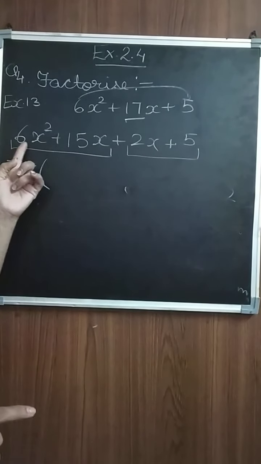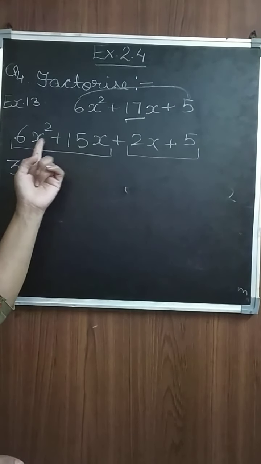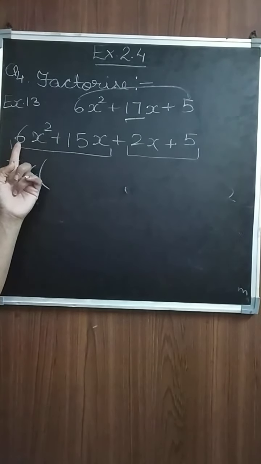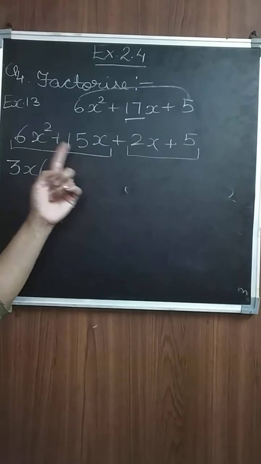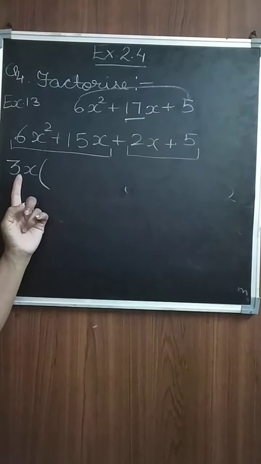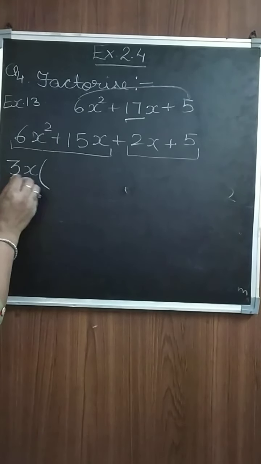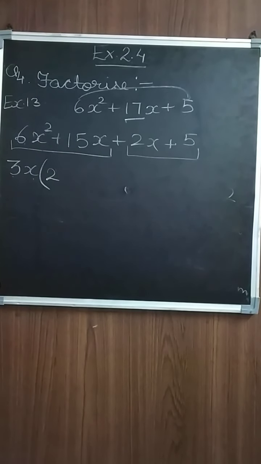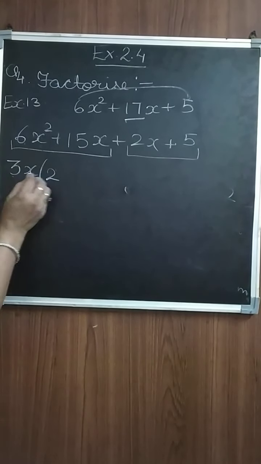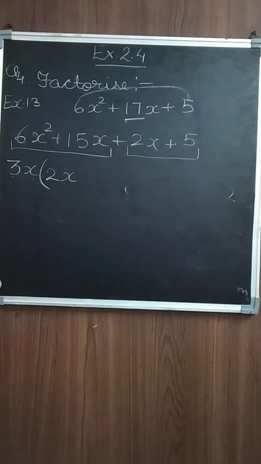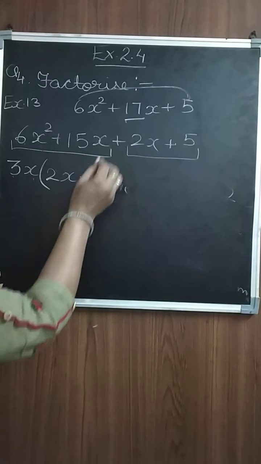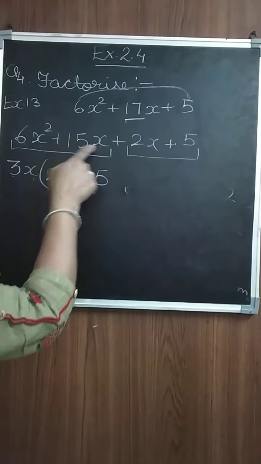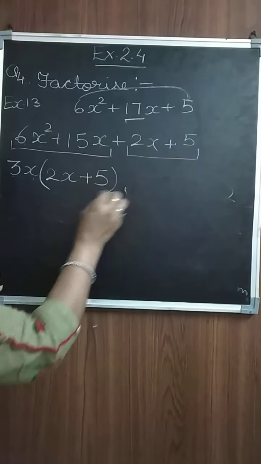Here the highest common factor of x square and x is x. 6 and 15 are both divisible by 3, the highest number. So let's take 3x common. What is left here? 3 2s are 6, so 2 is left. x square divided by x, so x is left. Now 15x divided by 3x: 3 5s are 15 and x divided by x is 1.